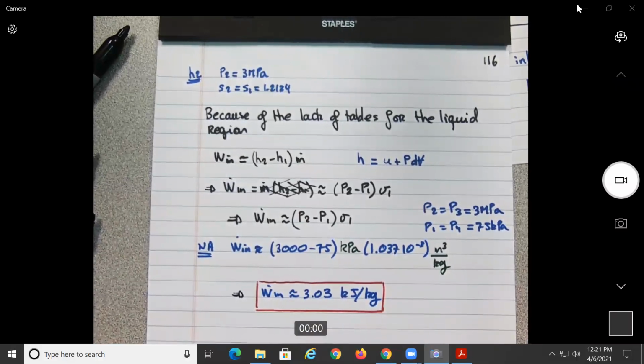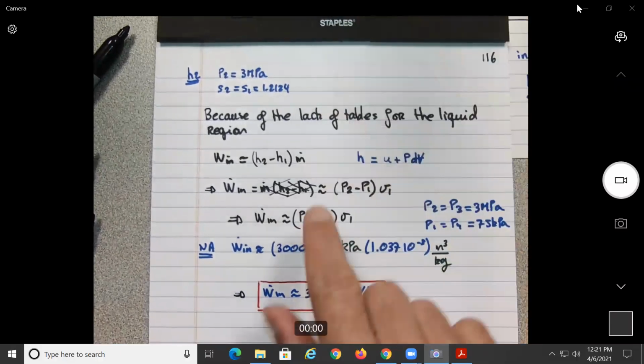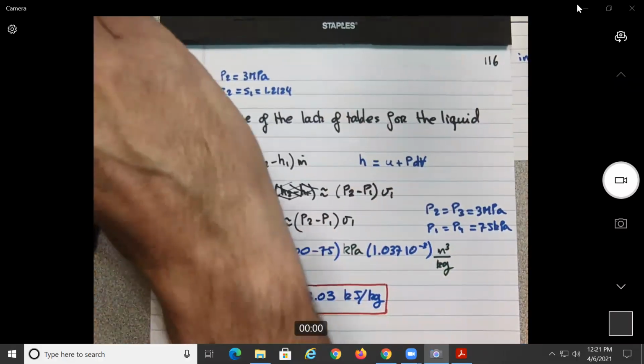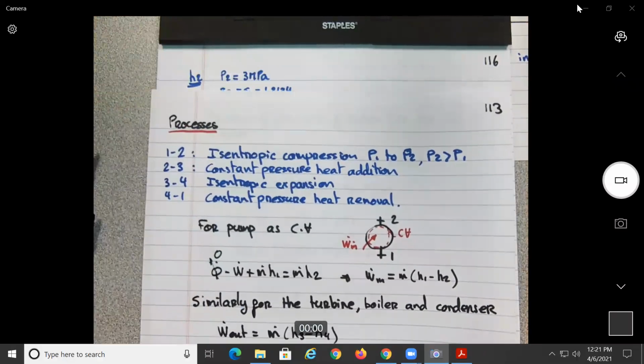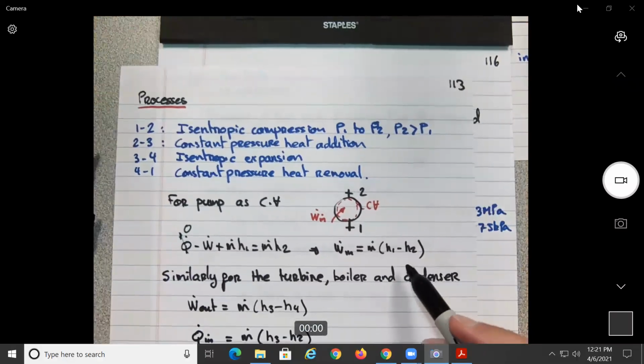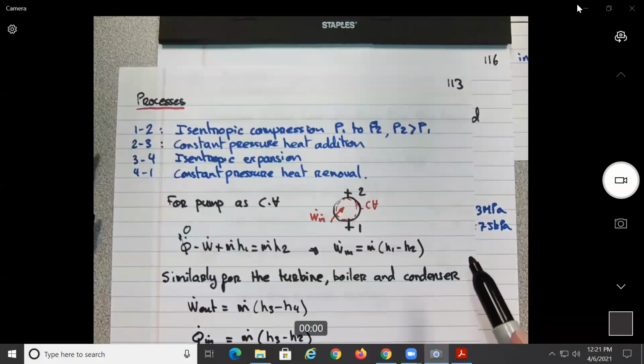Okay, guys, so let's do something here. Since we have this new equation, let's go back to the notes that we had. This is power in. So we come back to this page over here where we had the isentropic.